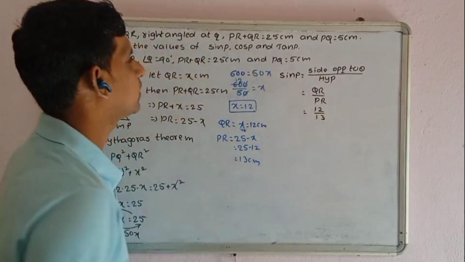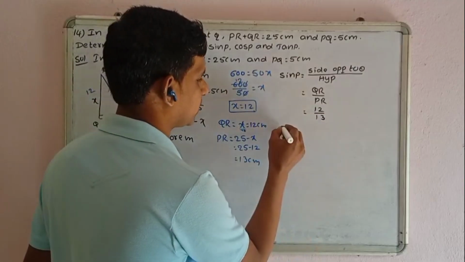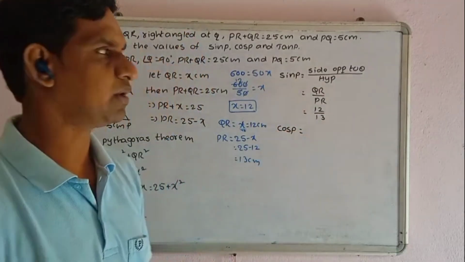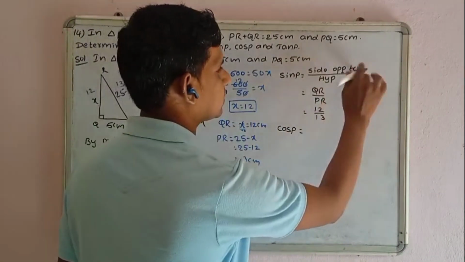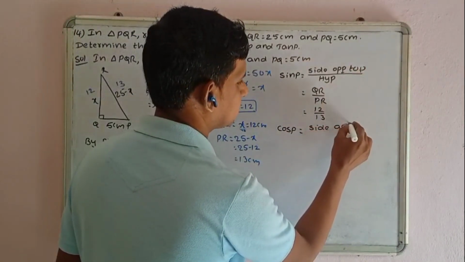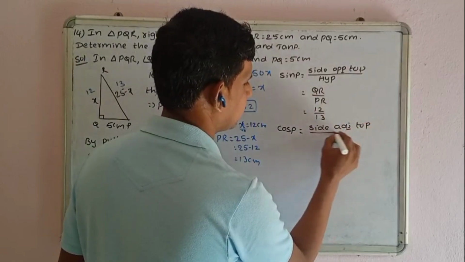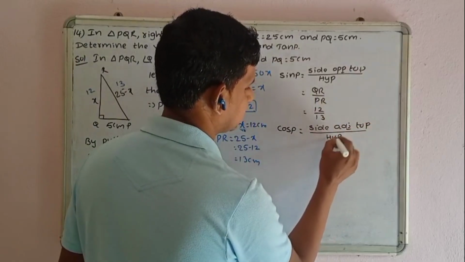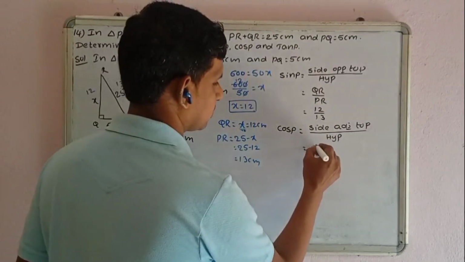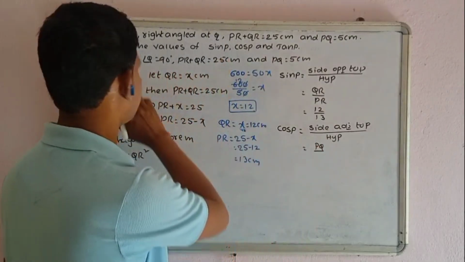This is sin P. Second one is cos P. Cos P means side adjacent to P over hypotenuse. Side adjacent to P is PQ. Hypotenuse is PR.